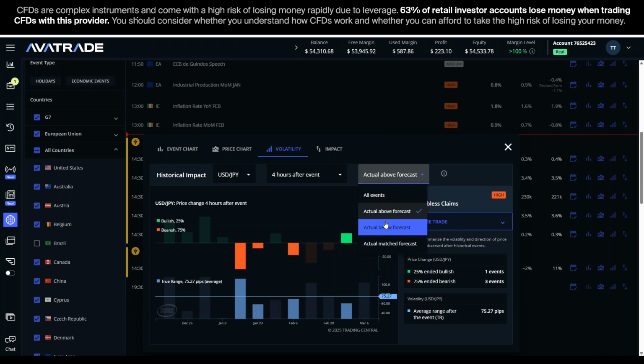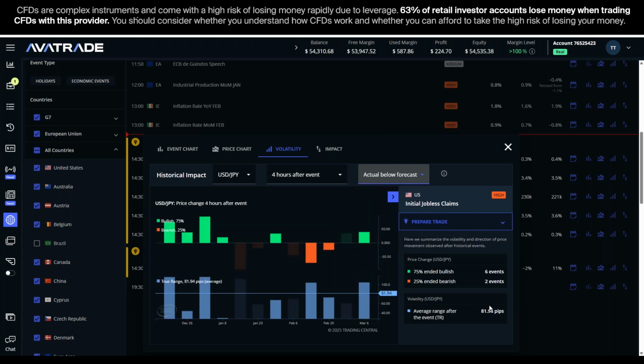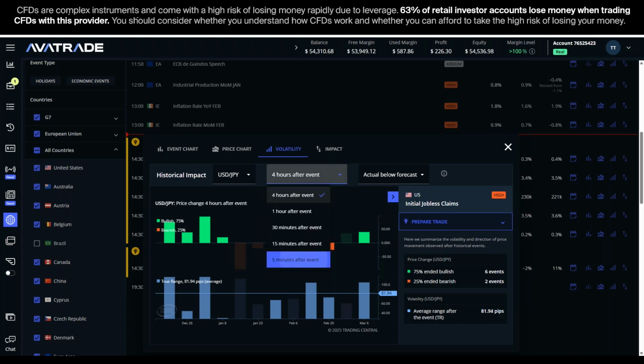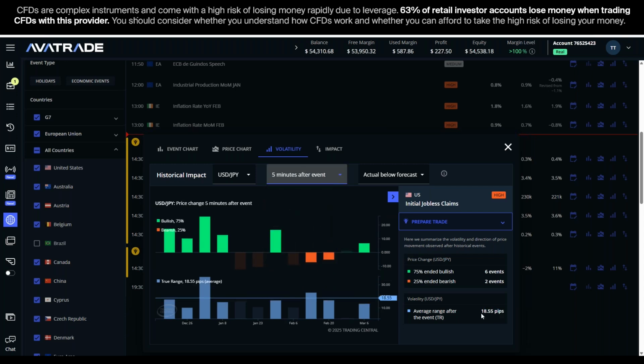And in each case, the range movement is over 81 pips, almost 82 pips after 4 hours. In each case, in the first 5 minutes, the range movement is much less. Look, 18 pips. Here's the 20 pip line right here. Almost all of them are below 20 pips in the first 5 minutes.